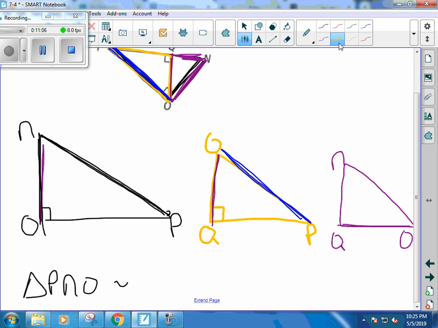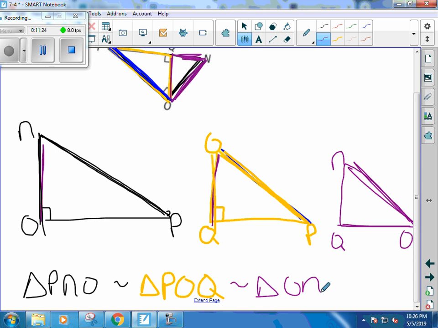And that just means that I have to go through the hypotenuse in the others. So triangle P, O, and then Q, down the short leg. And then the last one, through the hypotenuse, so O N, and down the short leg. And that's my similarity statement.